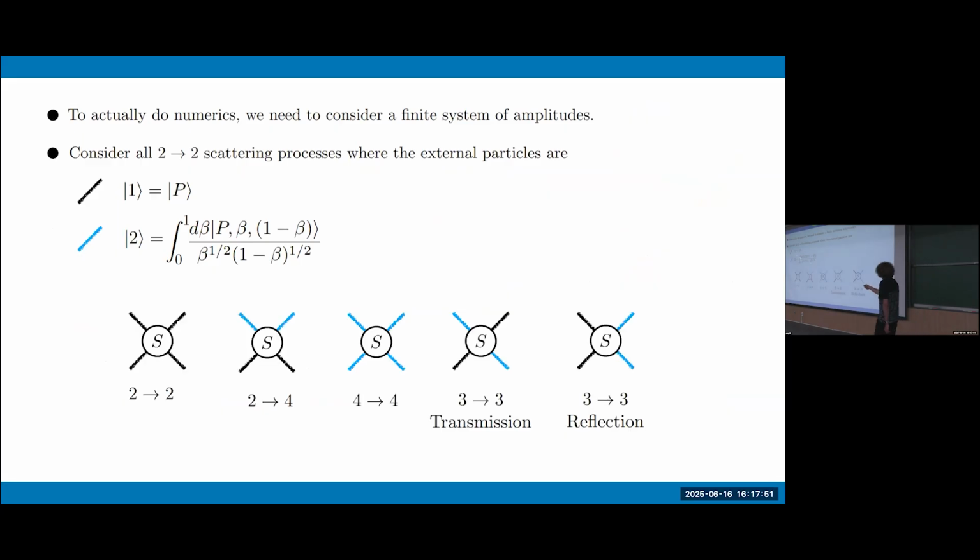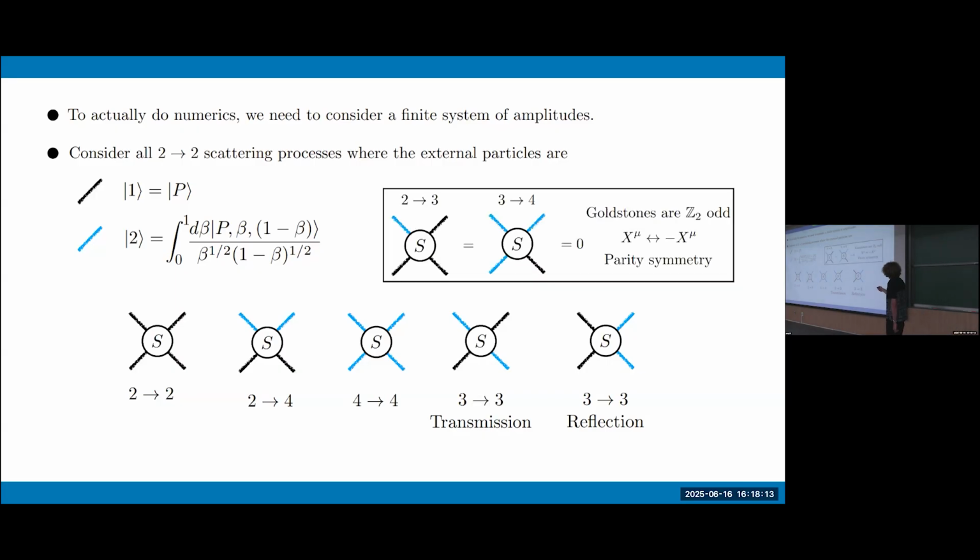And then we build all the 2-to-2 S matrices out of these two new one particle states, which are equivalent to the 2-to-2, 2-to-4, 4-to-4, 3-to-3 transmission, and 3-to-3 reflection amplitudes, where we should remember that in these blue lines, in these multi-particle amplitudes, we are projecting against these wave functions here.